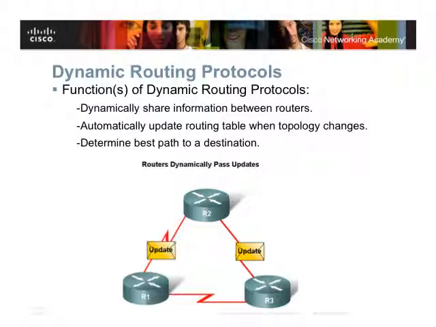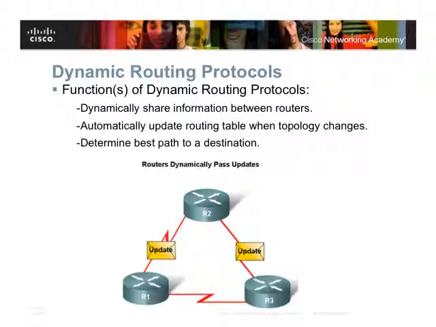The system administrator needs to manually change the configuration of the routers every time there is a topology change. But with dynamic routing protocols, the main purpose is that by exchanging these messages between each other, they can be updated right away once there is a topology change. So that's this point: automatically update the routing table when the topology changes.